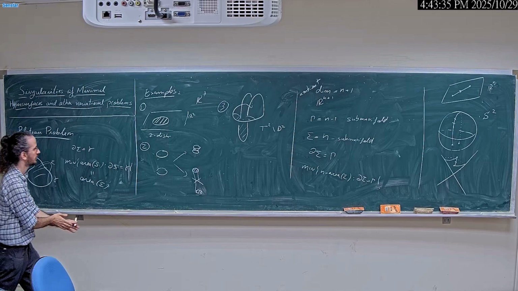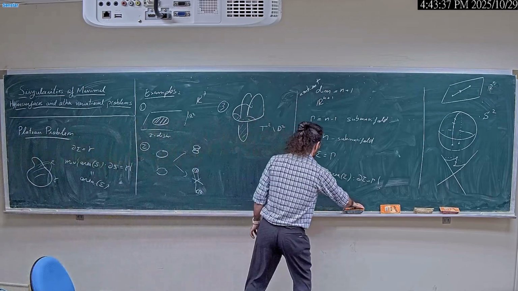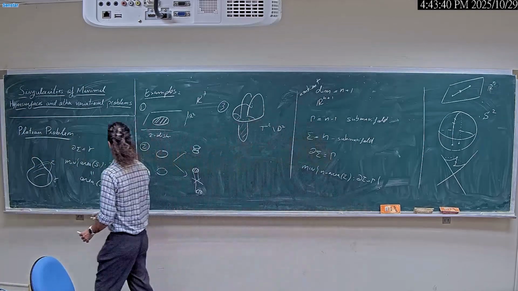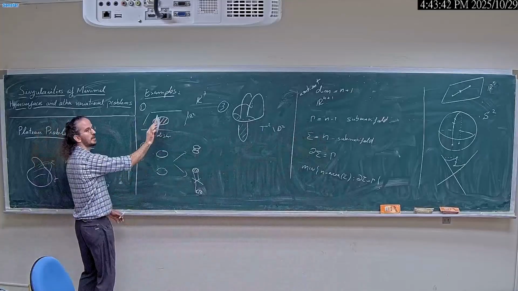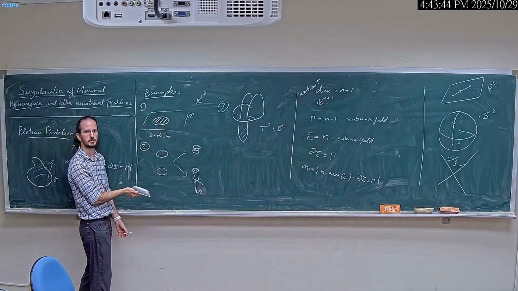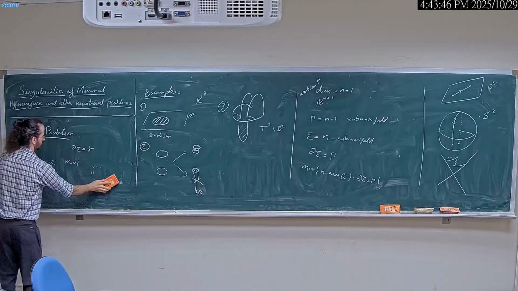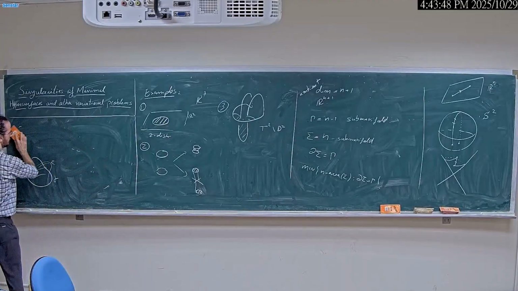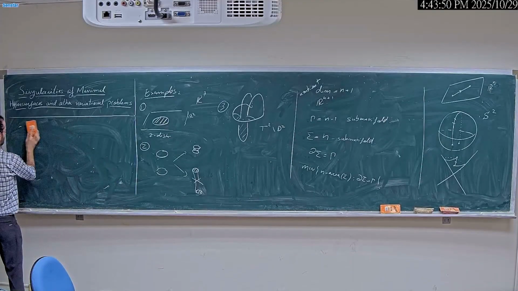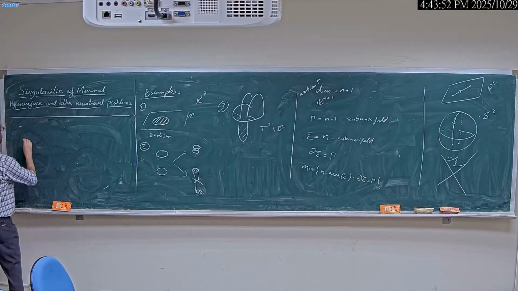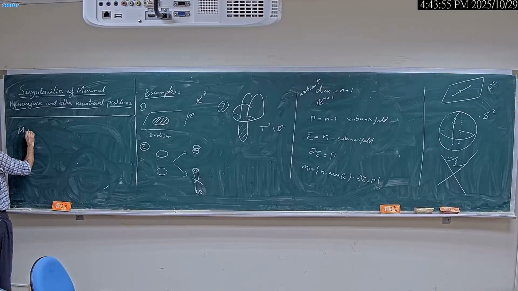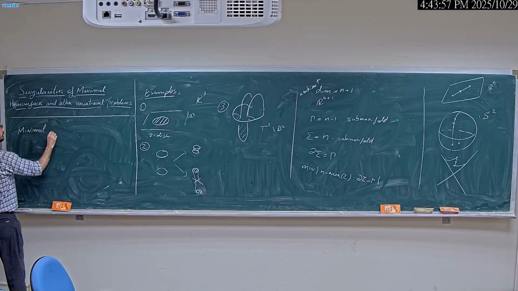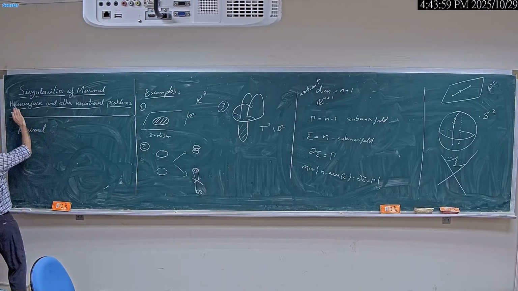Okay. And these solutions, they are minimal surfaces with boundary. Okay. So now let's see what is a minimal surface. Or rather, minimal hypersurface.